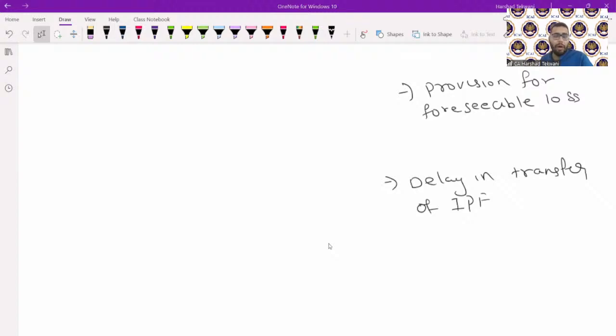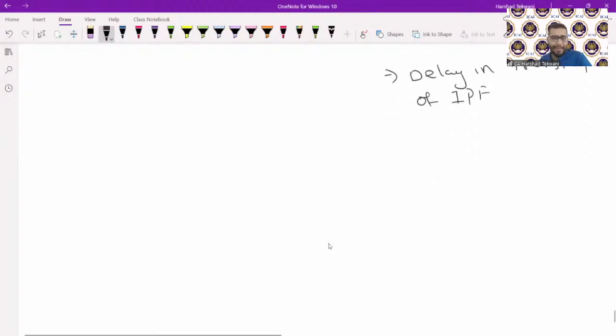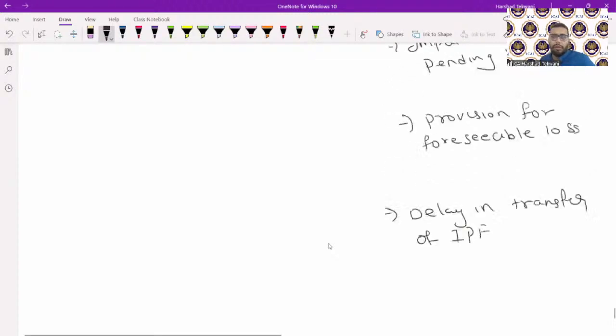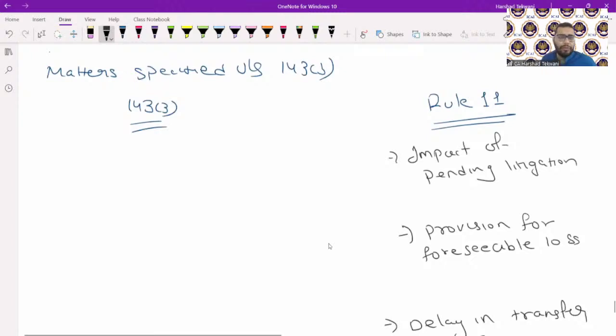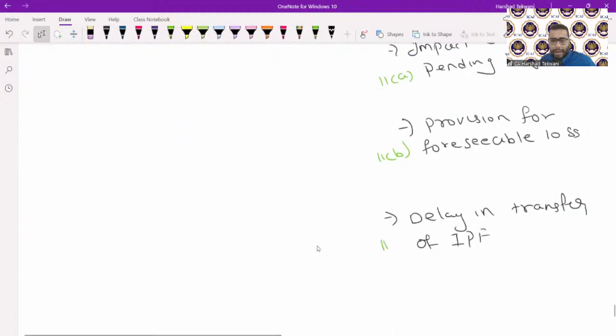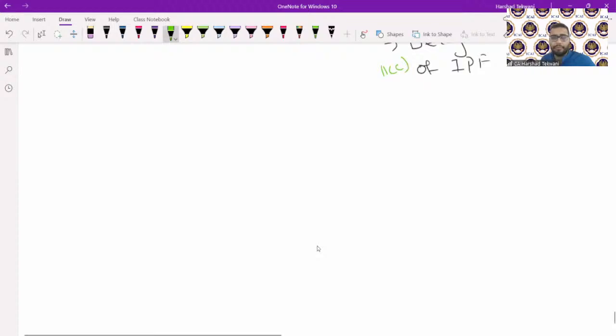Now there was one amendment in this particular topic. When I say Rule 11, this was 11A, 11B, 11C. 11D was omitted, so it was removed.